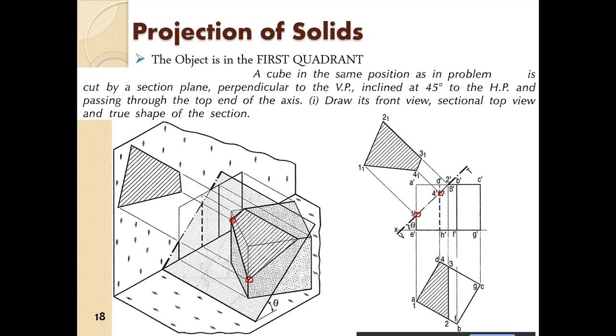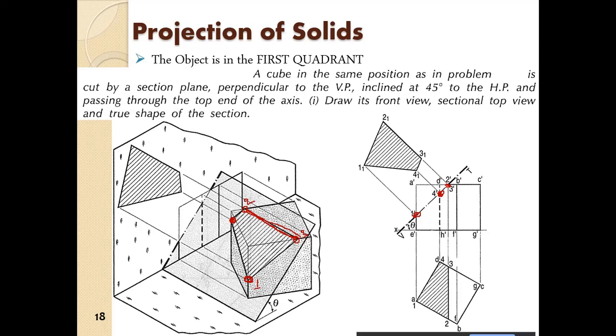Then we have this 2 and 3. It will be along the same line. So 2 dash and 3 dash will be hidden here. So 3 dash you will see from the front, and 2 dash will be hidden behind 3 dash. So this is 1 dash, and this is 4 dash here.